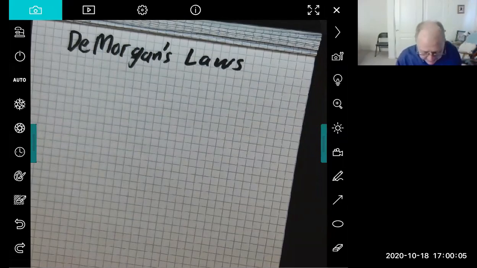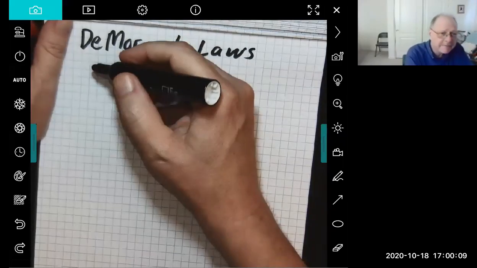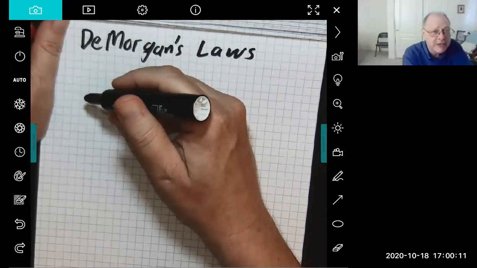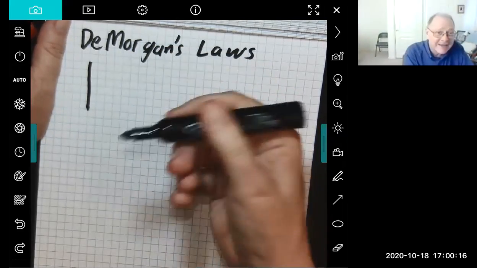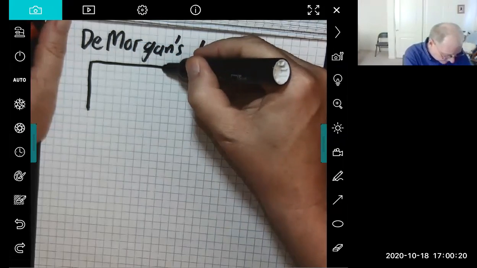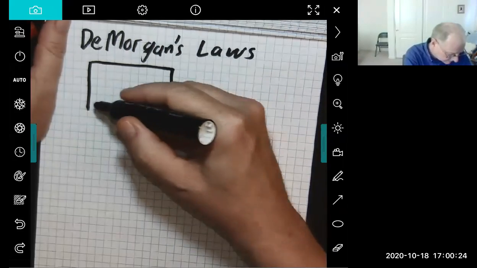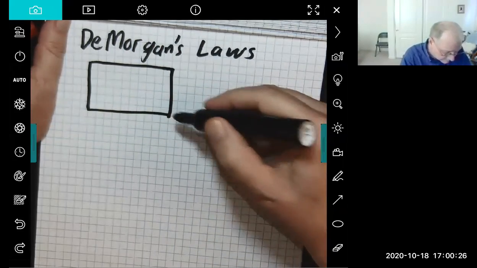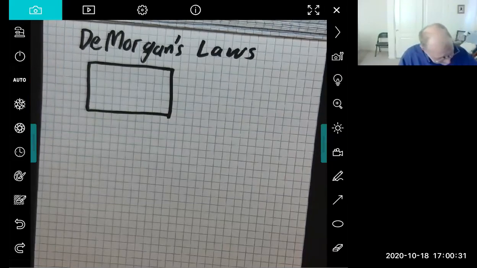Now, DeMorgan's laws. They're actually about sets in general. It's not a thing that's specific to probability, but we'll use it. So here I've got these two sets.